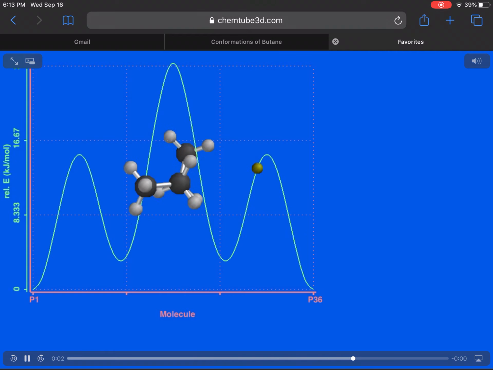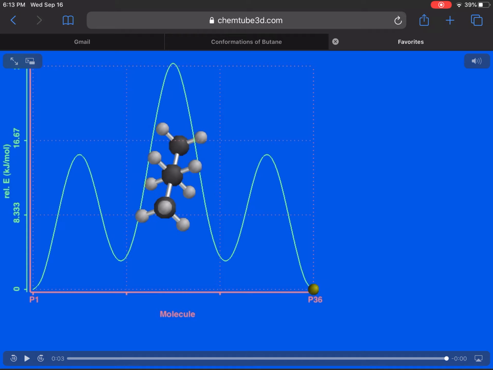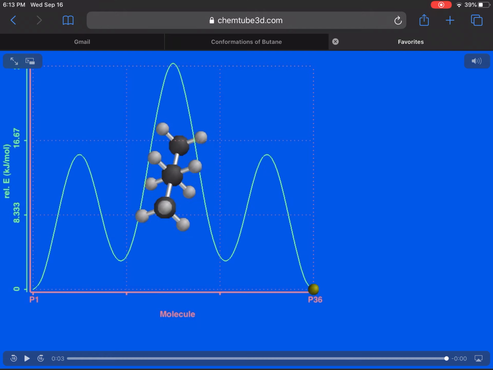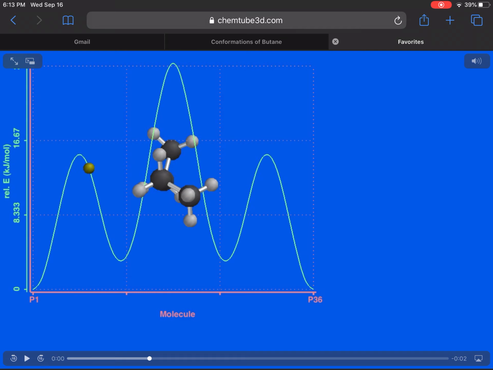So you can see as we're spinning through the different conformations of butane, it went through different energy cycles. And again, this is really tricky. I have to pause it in just the right place. So we have a staggered anti. All right, close enough. This is going to be our first eclipsed conformation, but not the eclipsed conformation that had both CH3s in front of each other.